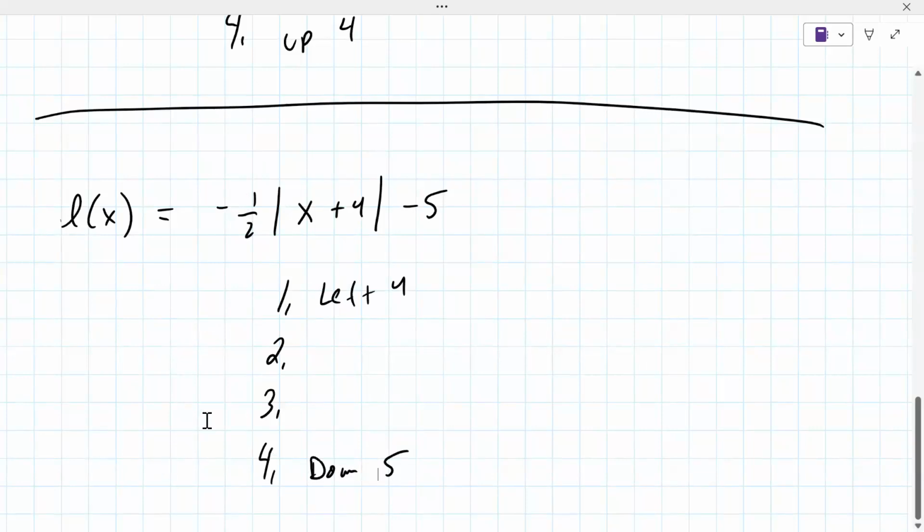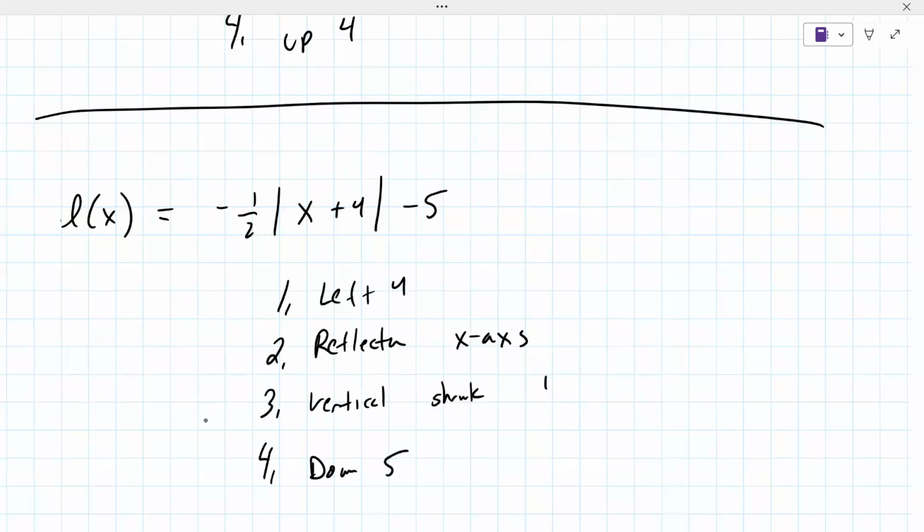And then vertical reflection, or reflection over x. Yeah, vertical reflection is fine, but they usually want you to specify the axis. And then 1/2 vertical shrink, right? This is a shrink, yeah, because it's less than 1. All right, good. Really good.